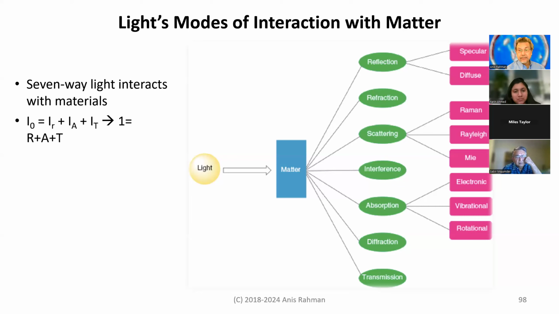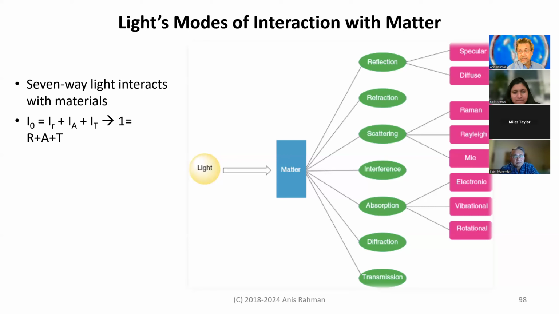So as you can see in these diagrams, when light falls on matter, many things can happen: reflection, refraction, scattering, interference, absorption, diffraction, and also light can go through, which we call transmission. Reflection can be specular and diffused. In fact, all reflections are diffused reflection, except the specular, meaning at very small angle incidence.